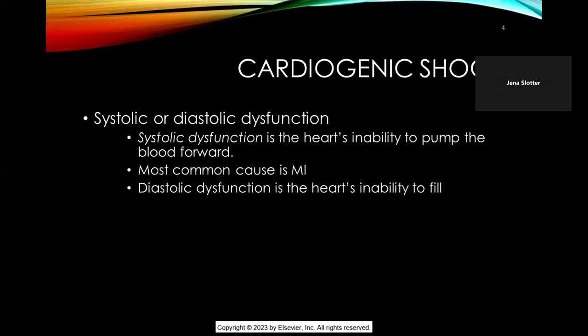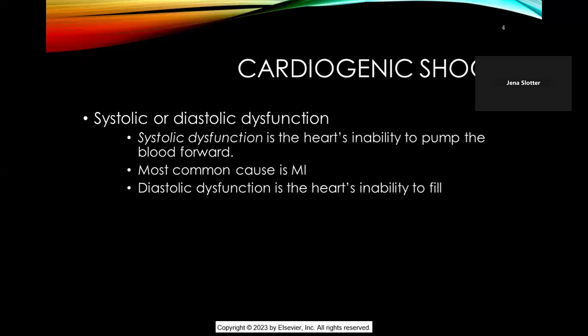So we're going to start with cardiogenic shock. With cardiogenic shock, you can have a systolic or diastolic dysfunction. With the systolic, the heart is not able to pump the blood forward. So we're going to have low cardiac output and cardiac index.